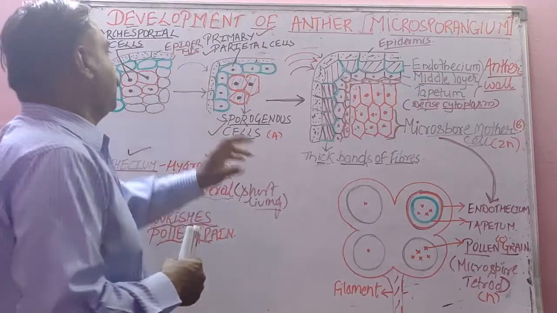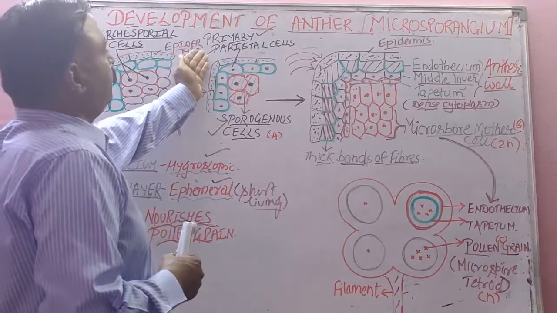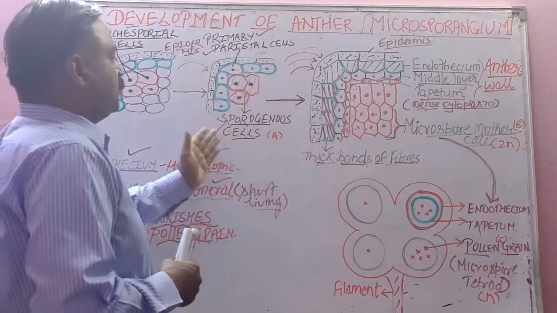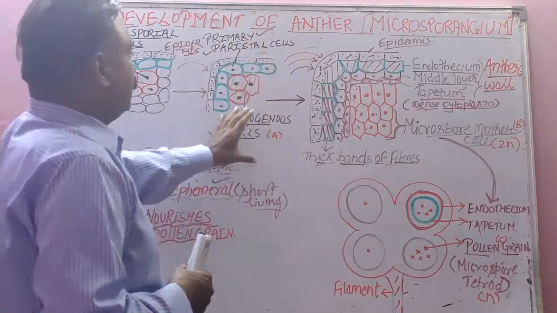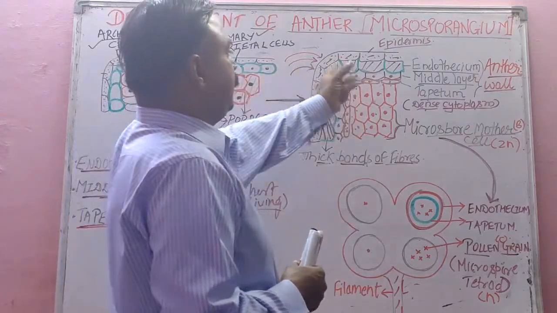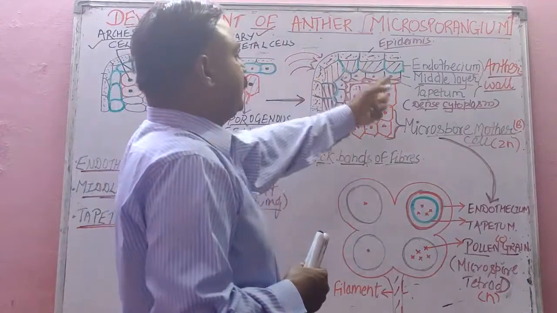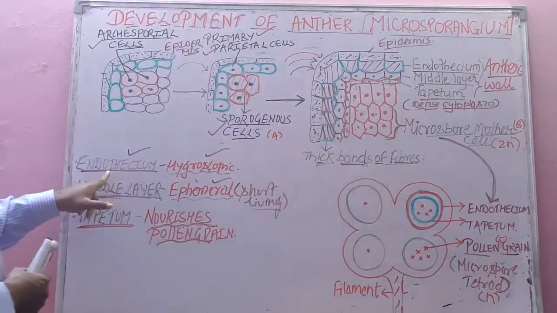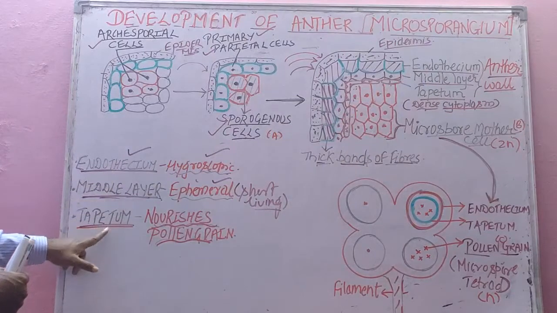Archisporial cells divide to form the outer parietal layer cells and inner sporocytes or sporogenous cells. Then ultimately these parietal cells divide periclinally to form the wall of the anther, this one. It consists of three layers: endothecium, middle layer and tapetum.